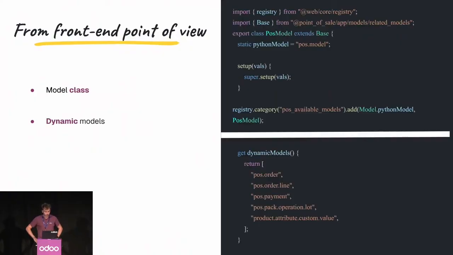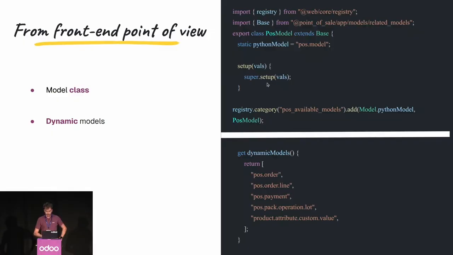From a front-end point of view, for the loading of data, everything is made automatically. The relations are computed, I mean, the relations between records are computed automatically.